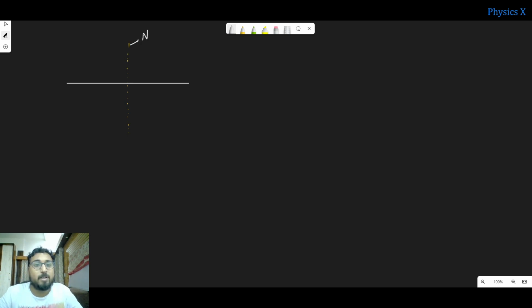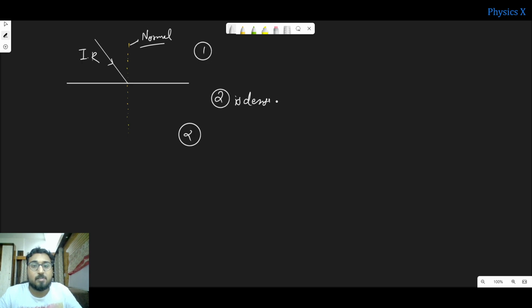So if I am taking this as the normal, this was medium 2, this was medium 1, and the incident ray is traveling at an angle. Then if 2 is denser than 1, it will bend towards the normal.